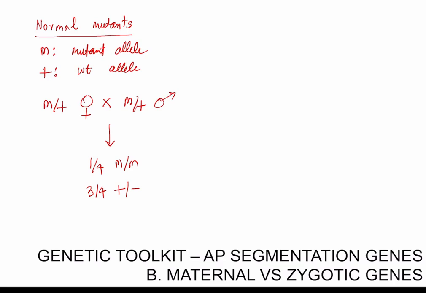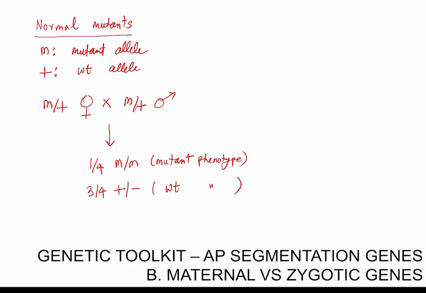Now, most developmental mutants are recessive, so only these quarter homozygous M individuals will have the mutant phenotype, whereas the 3/4 individuals having at least one wild type allele will have the wild type phenotype.